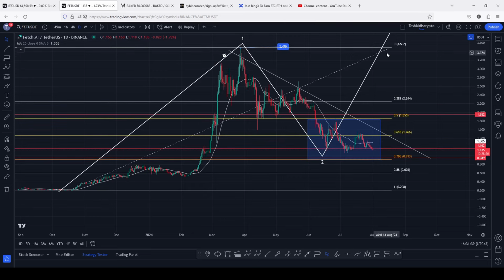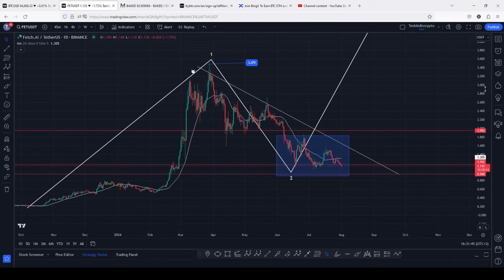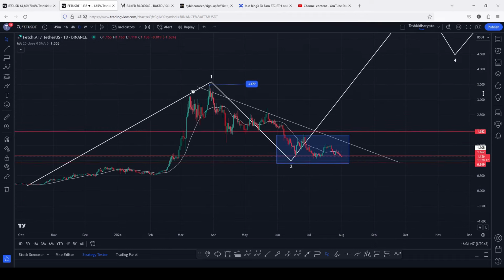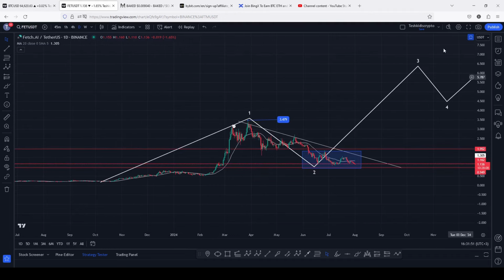There are high chances that we now have a low in place in this negative count 2, and in the next coming weeks or maybe months we can start another aggressive bounce to the upside in what I will be terming as a negative count 3.